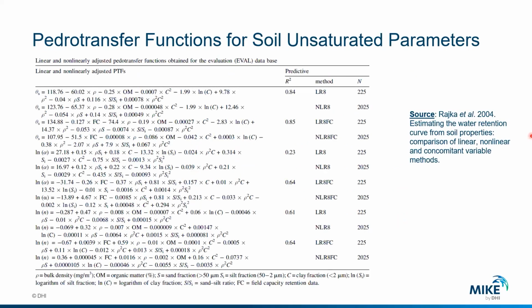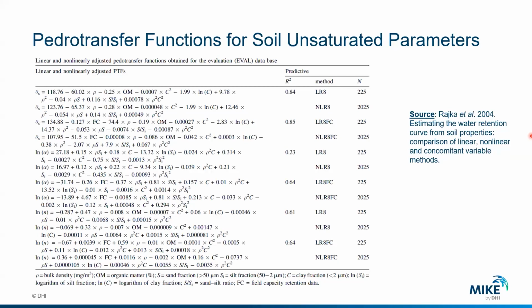Other ways to get these parameters are what are called pedotransfer functions for soil unsaturated parameters. There are many of these, and these equations also change depending on geography. I see many in Germany. For example, I know some publications from the UFZ in Leipzig who have done studies on this.